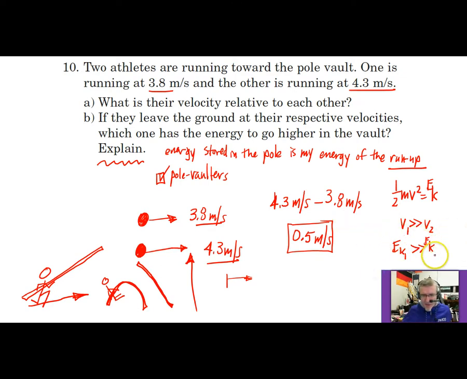So the energy of one athlete that had one velocity, V1, is going to be bigger than the energy of another athlete who had another velocity, V2. Never mind the fact that maybe they have different masses, so in order to lift them up, the pole has to do more work, but the pole only has a certain amount of energy. We'll get into this. Don't get ahead. Hang on. We'll be okay.